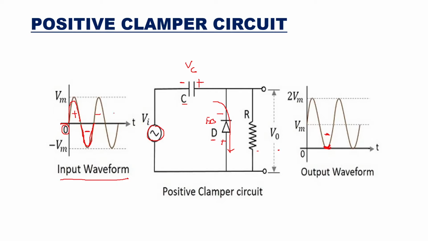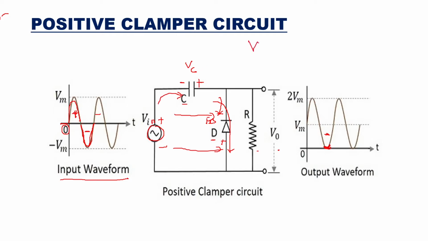Now when the input is a positive half cycle, what happens at that time? We see that this is positive and this is negative, so the diode will be reverse biased. There will be no current flowing through it, and the input voltage will come in series with the capacitor voltage.